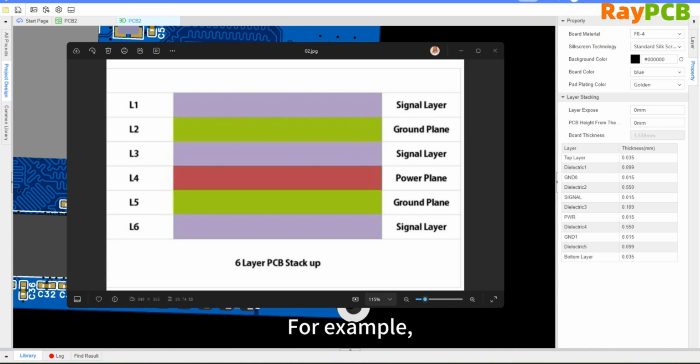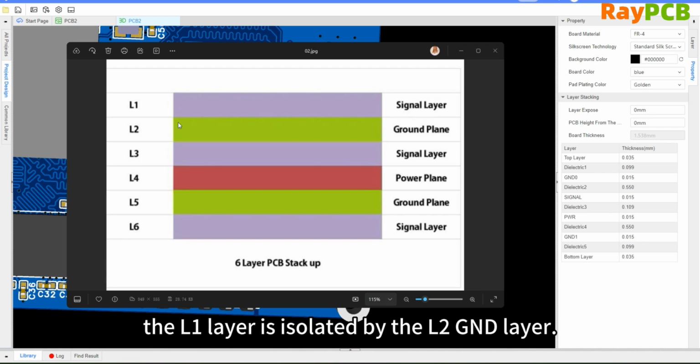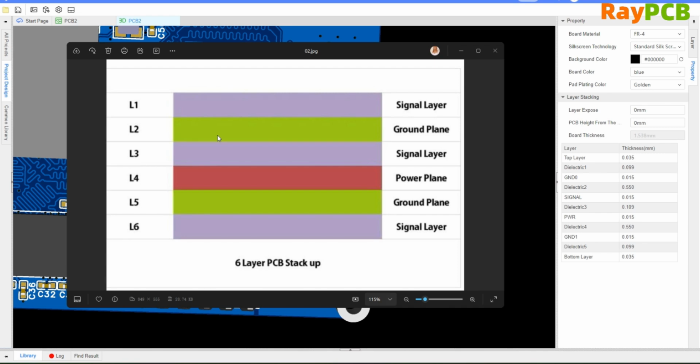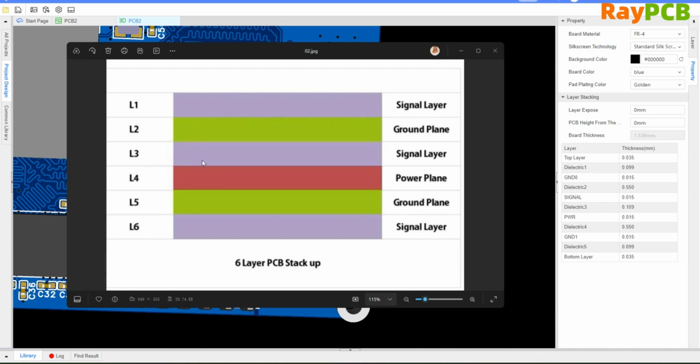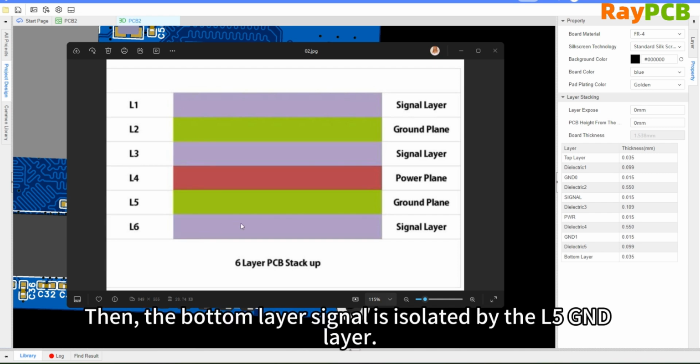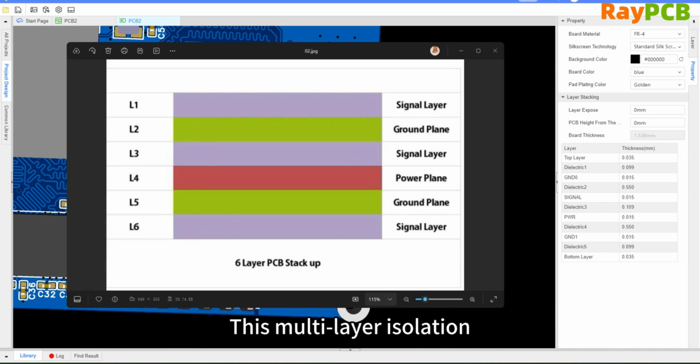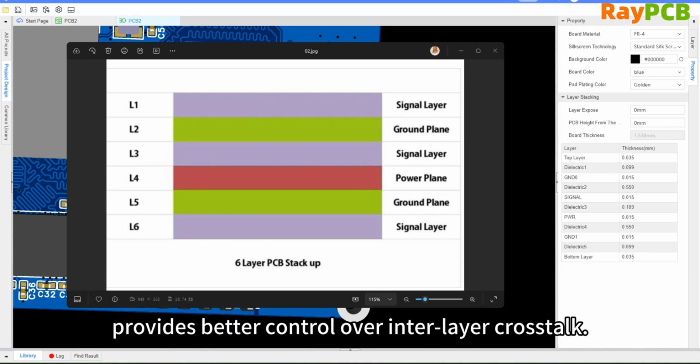For example, layer 2 acts as an intermediate isolation for layer 1. L3 is equivalent to layer 2. The ground and power planes are sandwiched in between. The signals on the bottom layer are isolated by layer 5. This kind of multi-layer isolation allows for better control of the crosstalk.